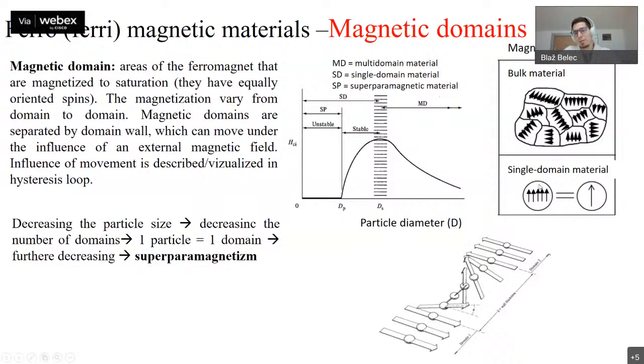And here we can represent, for instance, one magnetic moment as one material. As we decrease the particle size, we can also come to so-called superparamagnetism, which is really some sort of paramagnetism, but I will describe it a little bit later.